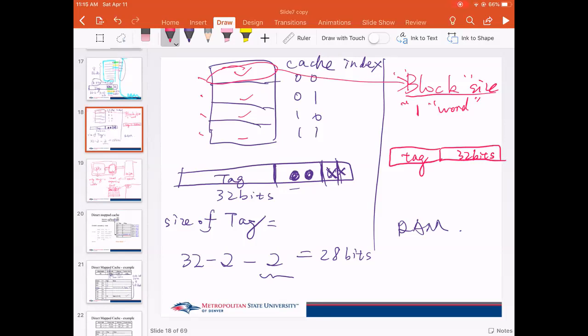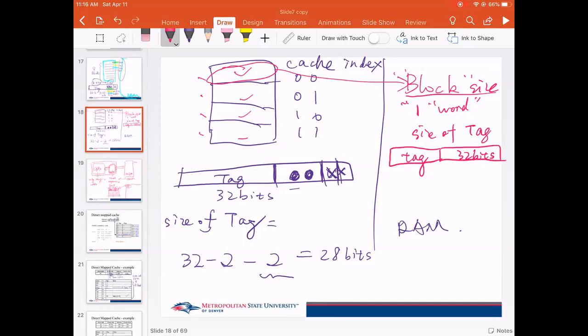There is another term, the size of the tag, which means how many address bits you need to store for each 32 bits of data. So how many bits do I need to store for this particular example?